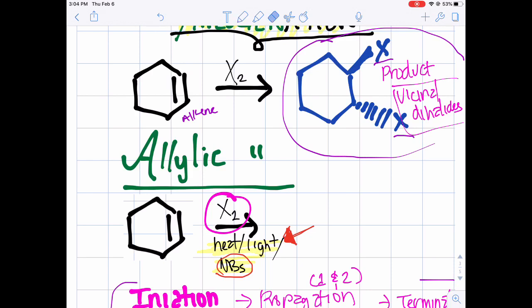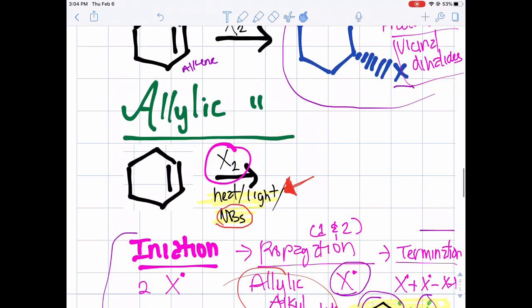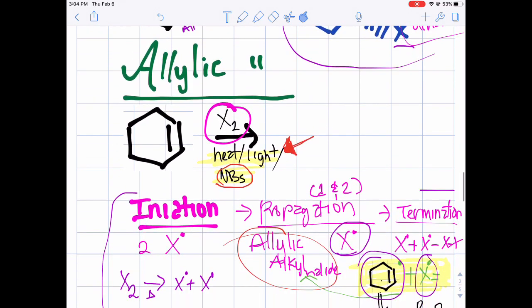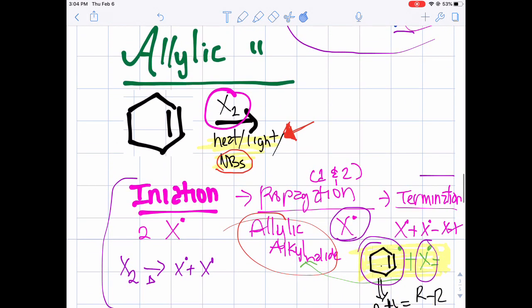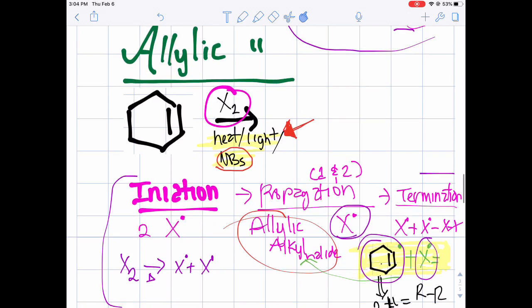That will either be light or your NBS, which is a source of bromine. So you're going to go through the process of initiation, propagation, and termination. That is another topic that was covered in Orgo 1. If you want a video on that, let me know. I may have another video on that, or send you a link to a good video that explains the process.